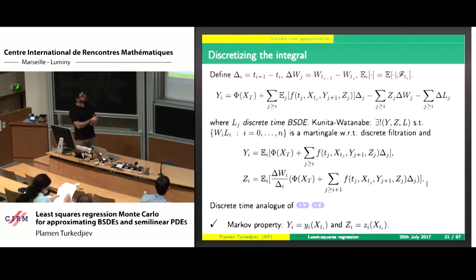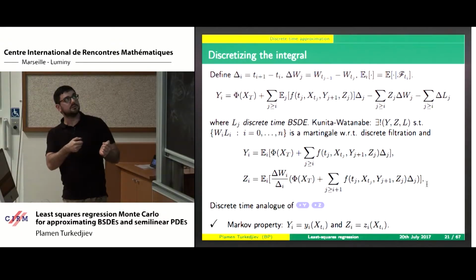So it's just a first order approximation. And what I'm left with is a discrete time BSDE. Most of the terms you will recognize from before. Here we have a discretization of our Ito integral. Here we have the discretization of the Lebesgue integral. The terminal condition is the same as it was before. But what's appeared is this additional term L.